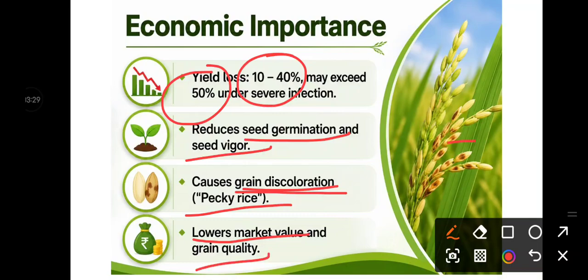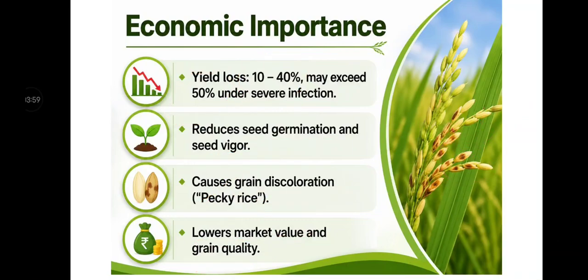Both the husk and the grain become discolored. This is called pecky rice, meaning specks and spots are present. This is the economic degradation caused by the disease.